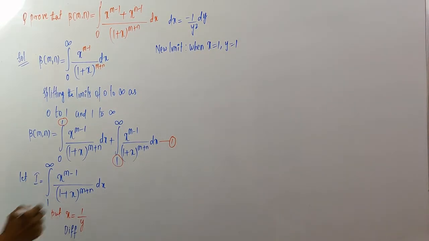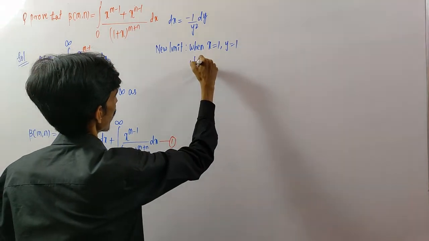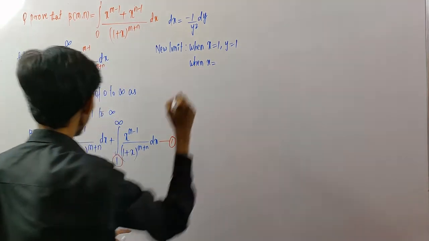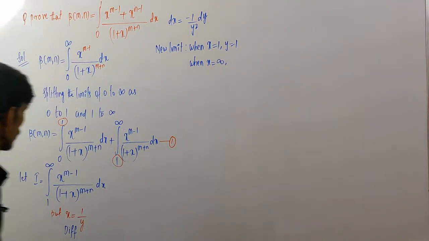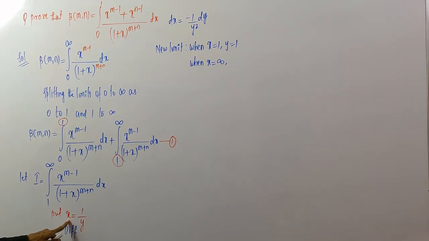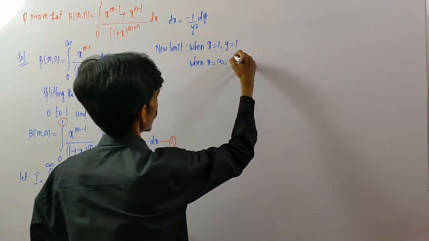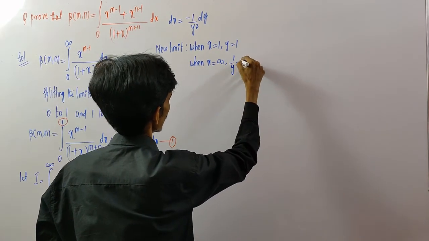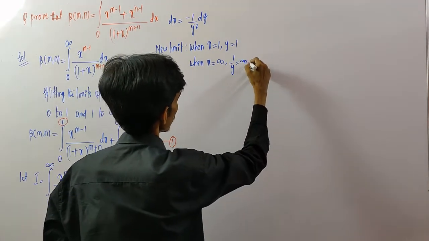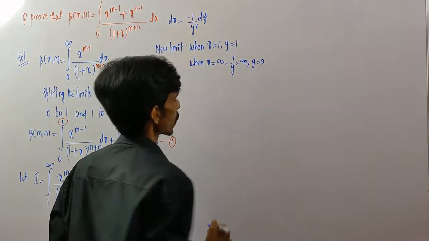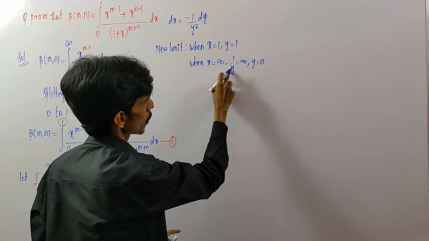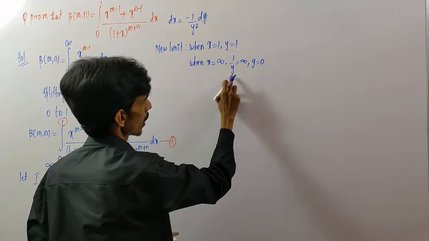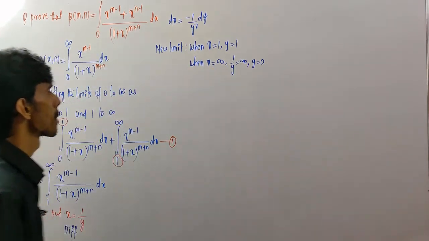Next, substitute the upper limit: when x is infinite, 1 by y is infinite. That implies y is 0. If you substitute y as 0, 1 by 0 will make this infinity, so definitely y should be 0.